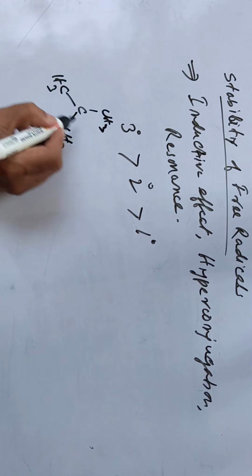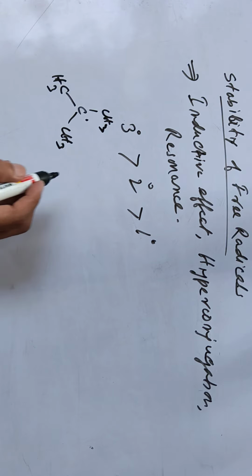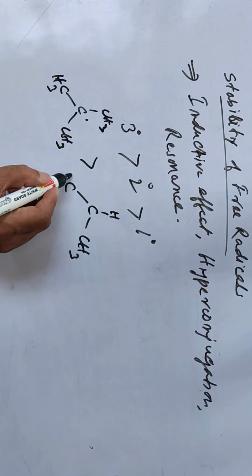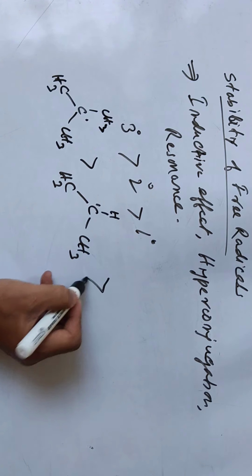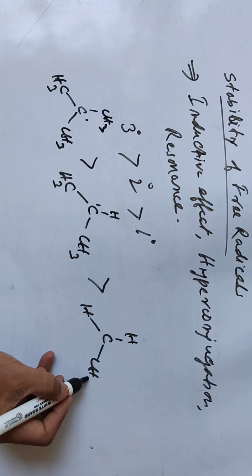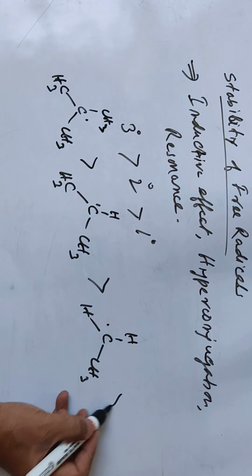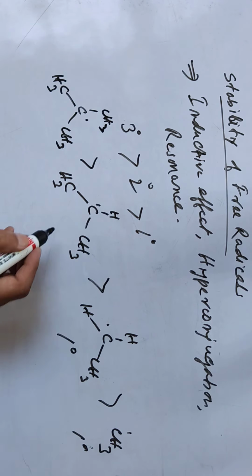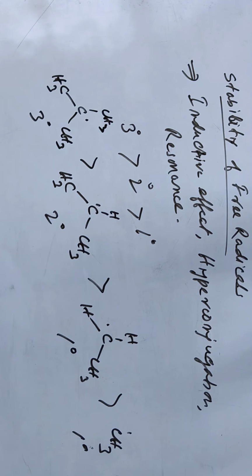Just like carbocations, tertiary free radicals are more stable than secondary free radicals, and then primary or CH3.